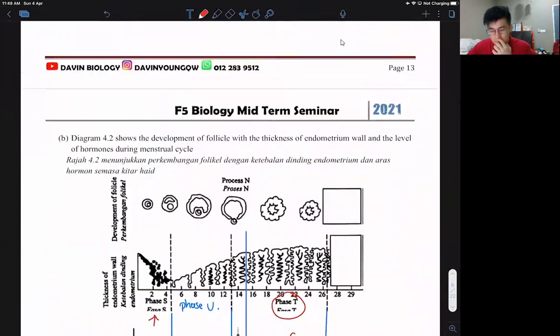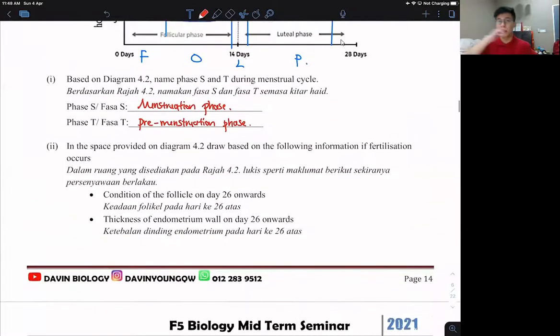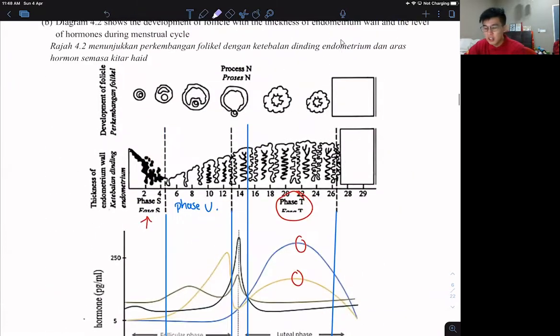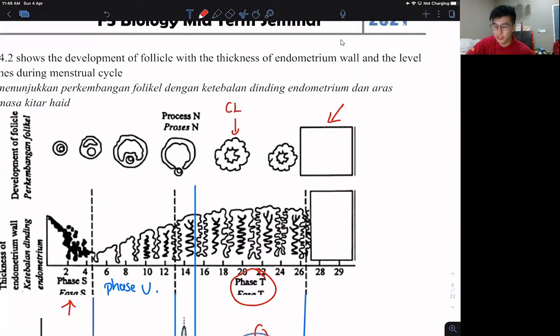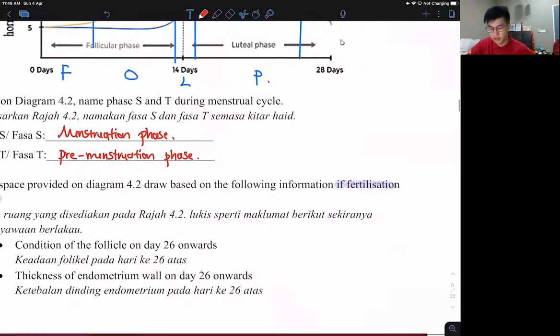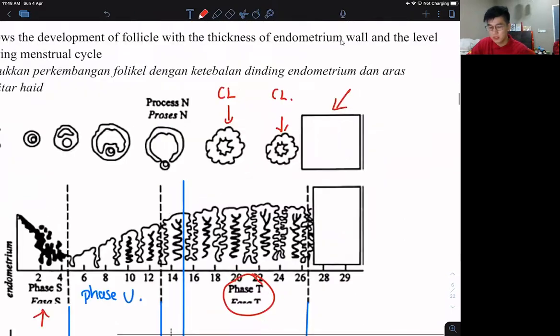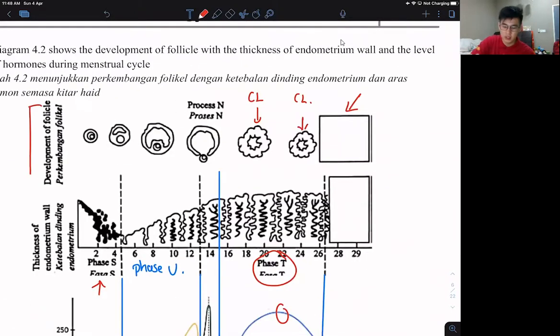Okay. Next one, B2. In the space provided on diagram 2, draw based on the following information if fertilization occurs. So the keywords here are if fertilization occurs. Condition of follicle on day 26 onwards. If fertilization occurs, they ask you to draw over here what happened to the follicle, which has now become the corpus luteum. What happened to my corpus luteum if there is fertilization? So this is a follicle.